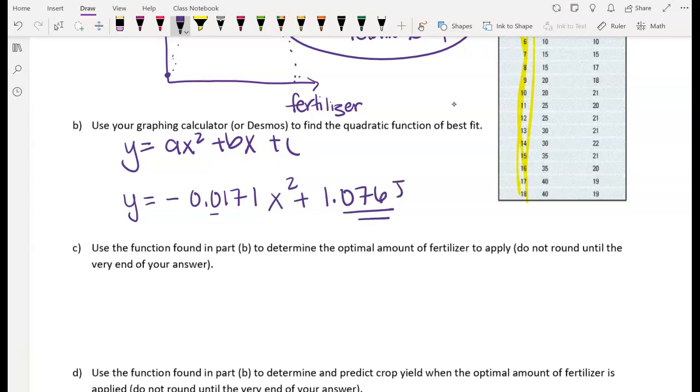Keep it consistent with 4 decimal places. Then the c value was 3.8939, so plus 3.8939, and box that up.